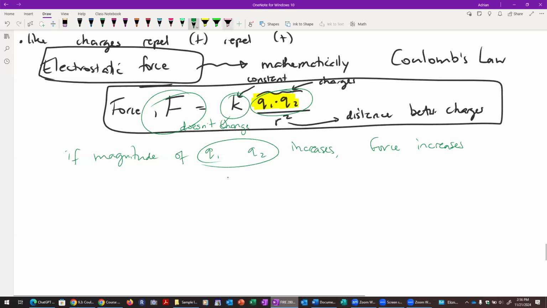The other thing that we'll notice here is that the distance between the charges also comes into play. So that's in the denominator. So we can say then that if R, which is the distance between the charges, increases, and that's in the denominator now, so now we're dividing these things on top by a much larger number on the bottom. Well, then what we'll see is that the force is going to decrease. Right, the electrostatic force of attraction will decrease.